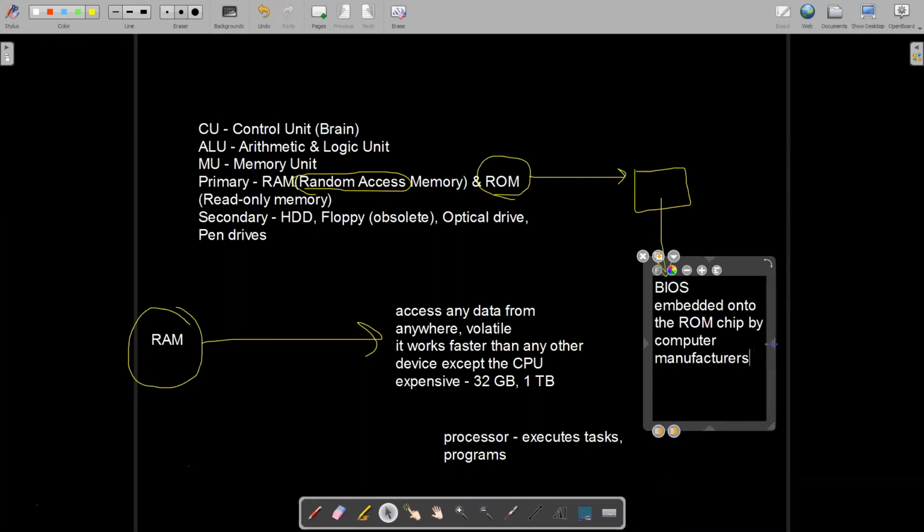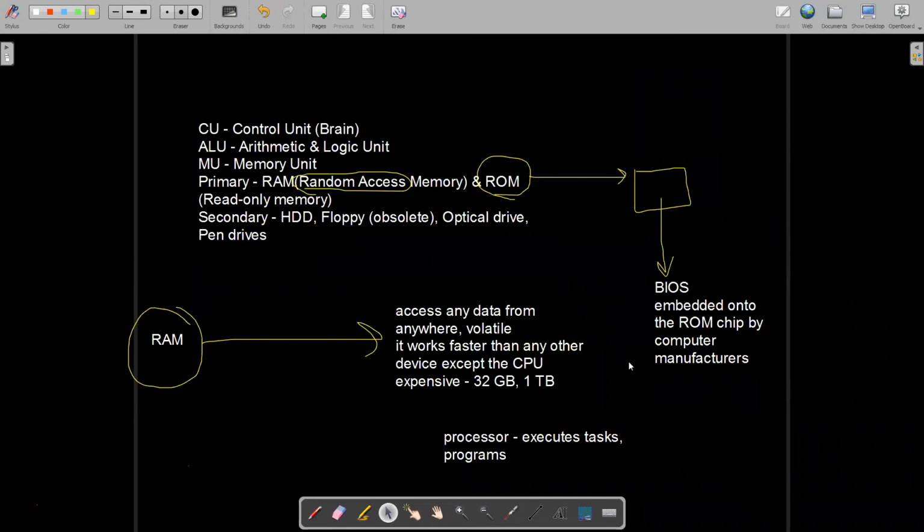Those who create the computers or the motherboard or the chip, they embed the program within the ROM BIOS, because they don't want anybody to change that. But today we have different types of ROMs like EEPROM, which enable us to change that. But you can attempt to do it only when you are a hardware expert, not otherwise.